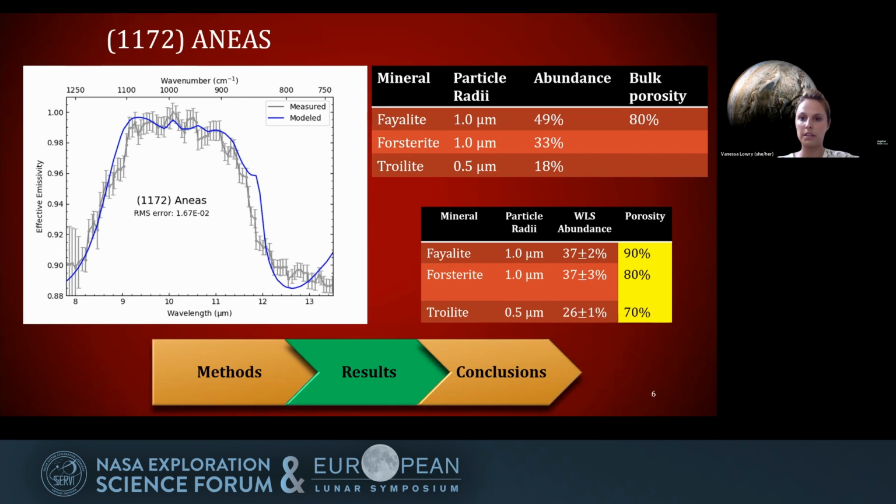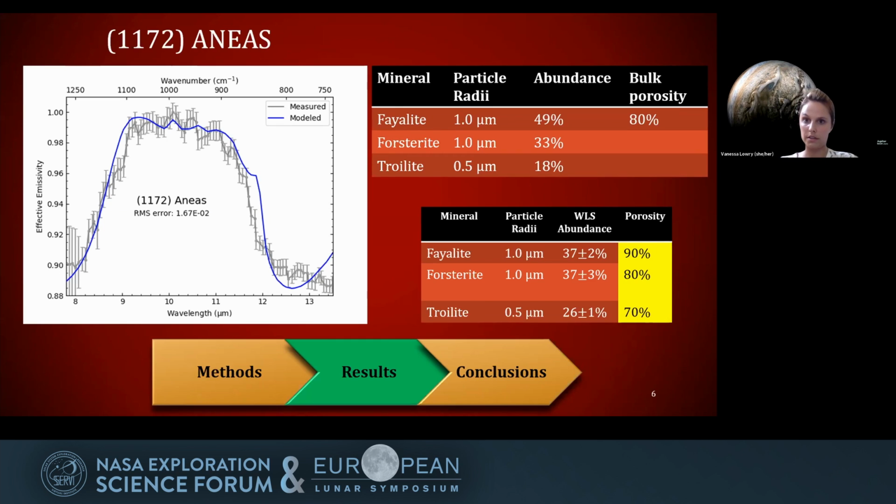The bulk porosity here, I have underneath in this table highlighted in yellow the porosities that I came up with using the weighted least squares originally. Then I averaged those three porosities to get the bulk porosity of 80%. For this one, we believe that possibly some intermediary olivine between the iron-rich and the magnesium-rich olivine would fit this spectra.